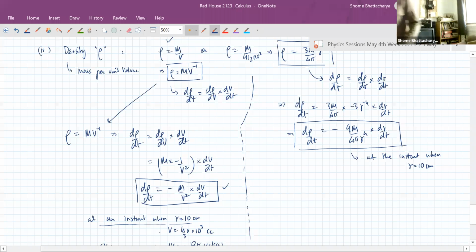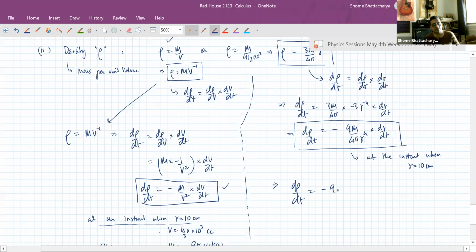So just do the substitution, I'll show you. Right, so let's do the substitution. That will just show that this equivalent method is ultimately the same.